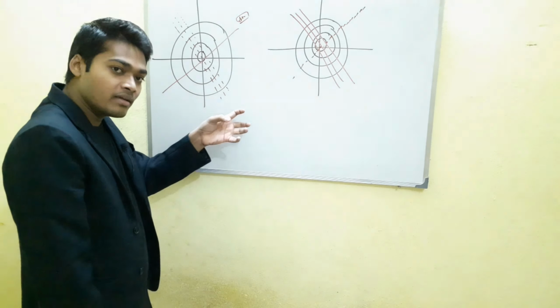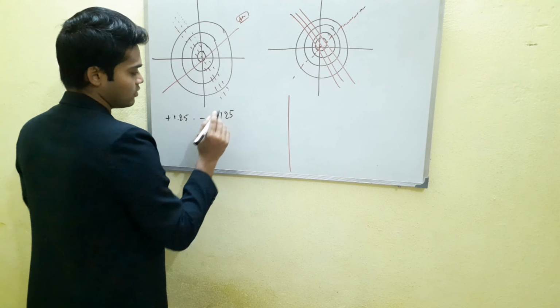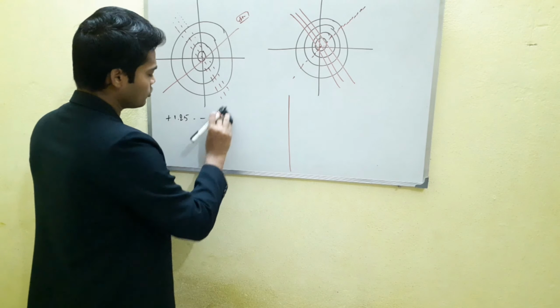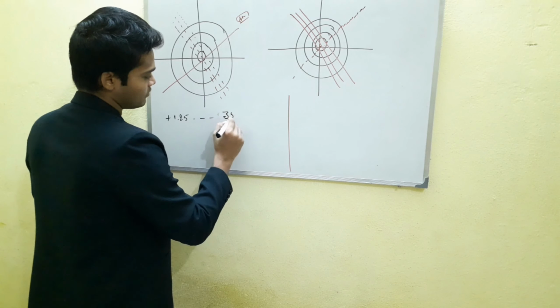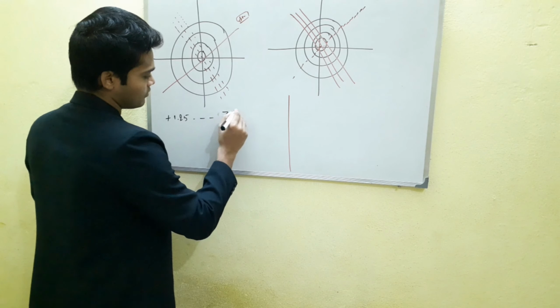Assume that when you see the first neutral, you see plus 1.25, and the axis is equal to 125, or just suppose a 35-degree axis.